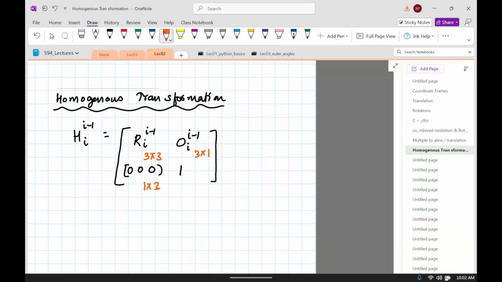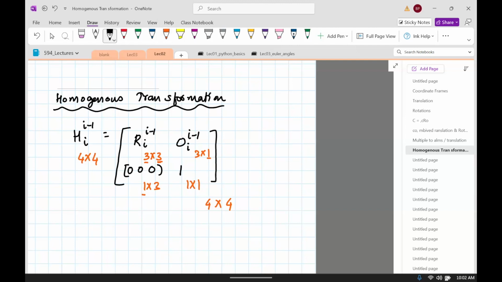I will not write it as 0, 0, 0 henceforth, but you have to understand it's 1 cross 3, just to make this homogeneous matrix work. And this 1 is 1 cross 1. If you look at this matrix, there are 3 rows plus 1, so 4 rows, and 3 plus 1, so 4 columns. So this homogeneous matrix is 4 cross 4. Okay, so that's the definition of the homogeneous matrix.